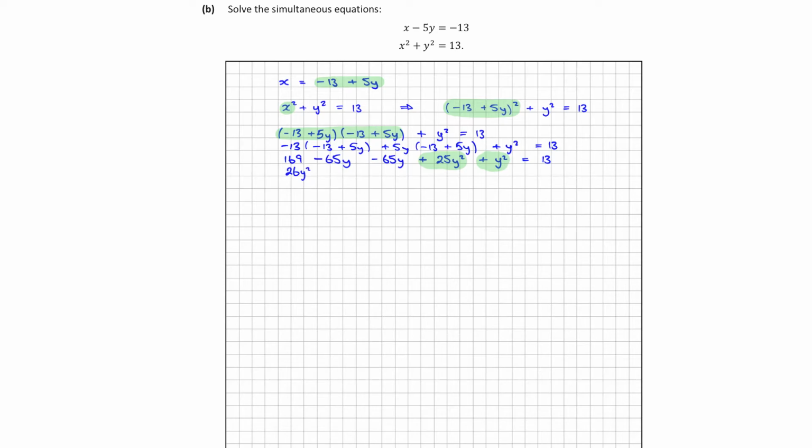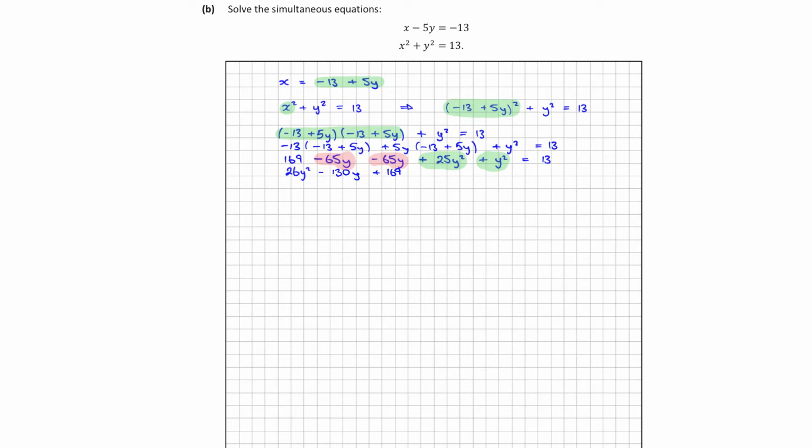Next, you need to collect all of the y's. So minus 65y minus 65y leaves me with negative 130y. And then we have the 169 there, so we'll put that back in.